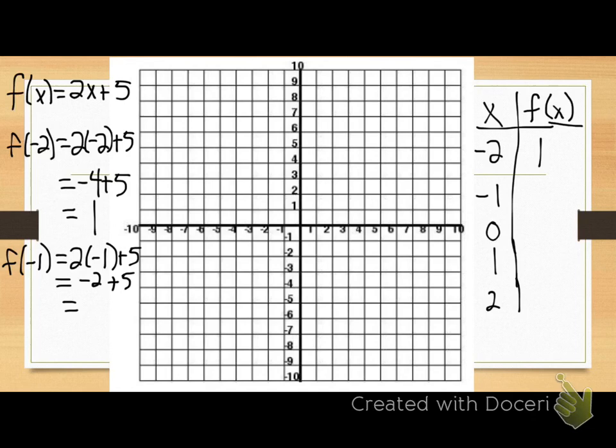What's -2 plus 5? 3. So my corresponding y value, f of x value with -1, is 3. 0 is usually always a good number to plug in. It's usually pretty easy, because what's 2 times 0? 0. What's 0 plus 5? 5. I always like to plug in 0.